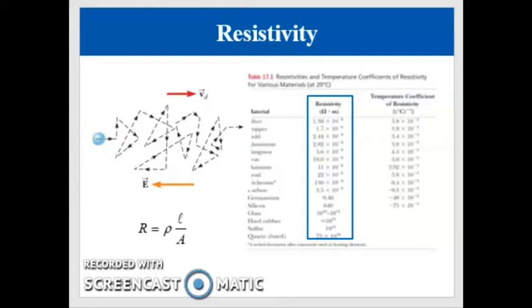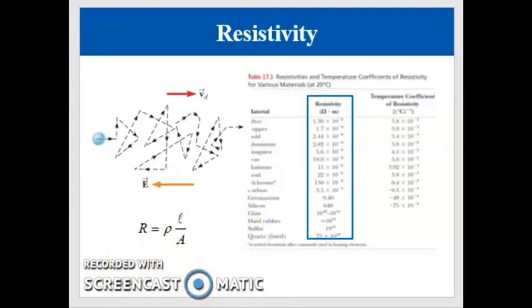A smaller cross-sectional area also increases the resistance of a conductor, just like a smaller pipe slows the fluid moving through it. The resistance is proportional to the conductor's length and inversely proportional to its cross-sectional area A, where the constant of proportionality ρ is called the resistivity of the material, or R equals ρ times L over A.